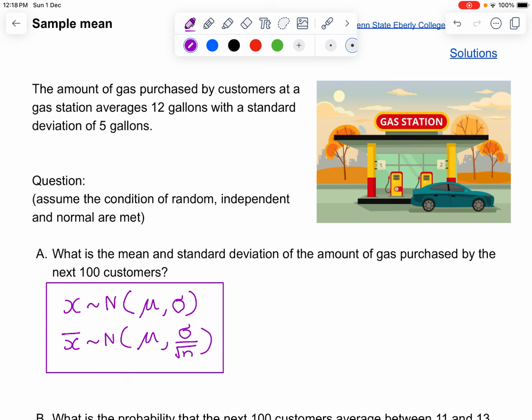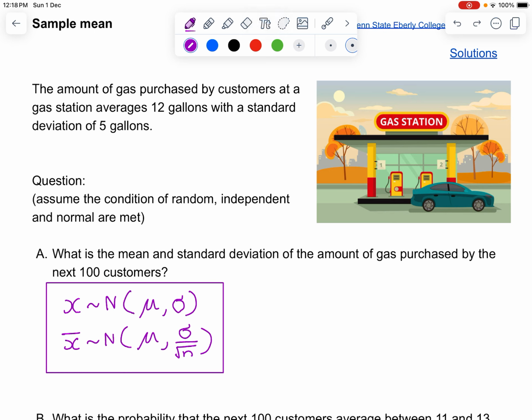When we do sample mean, we always have a condition where it has to be independent, but here it says assume the condition of random, independent, and normal are met. So therefore we can just go on and we don't need to check the conditions. But normally if they don't provide you this, you want to check the conditions.